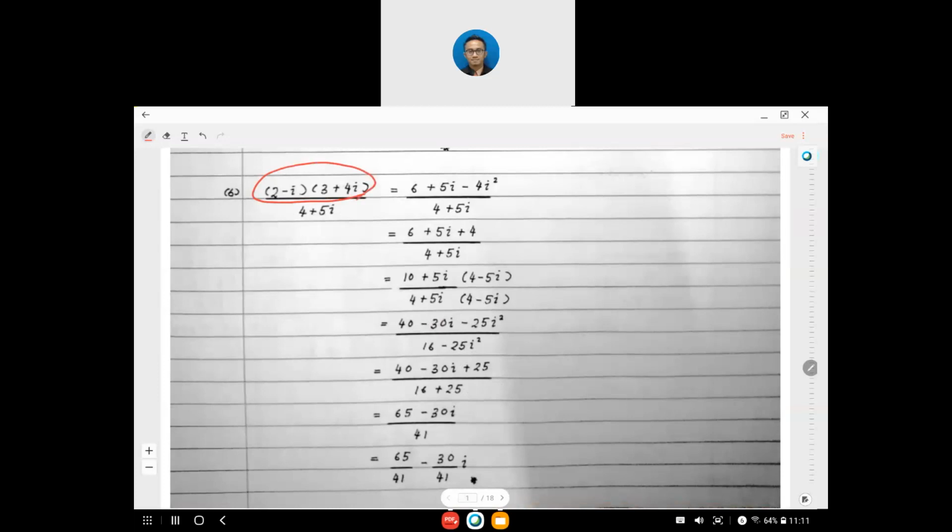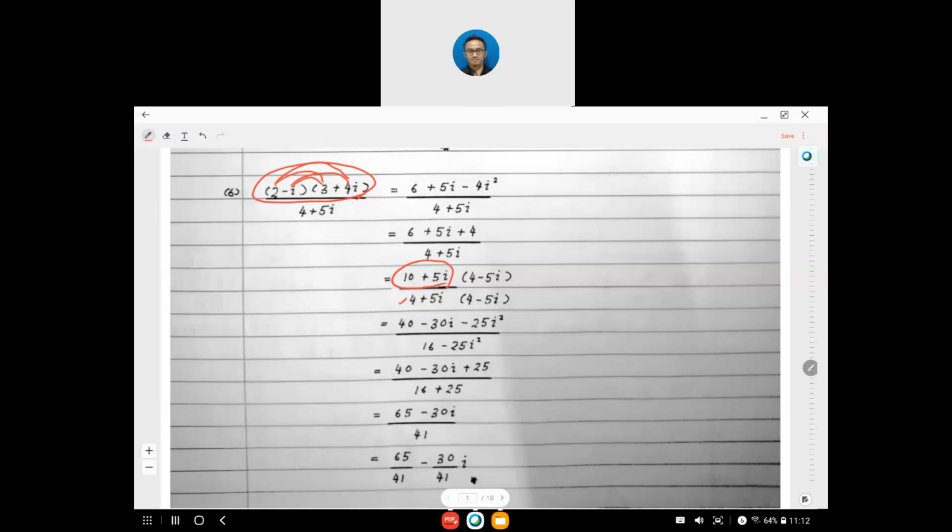When you expand, you get 2 times 3, 2 times 4i, and then negative i times 3, and then negative i times 4i. When you simplify, you get 10 plus 5i divided by 4 plus 5i.